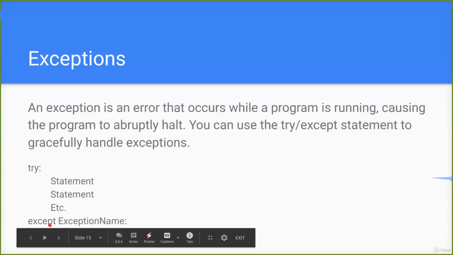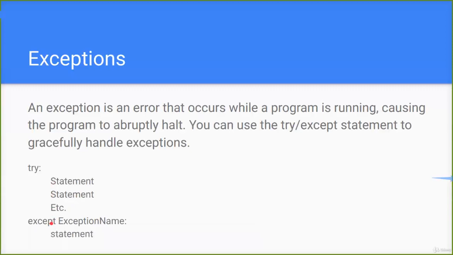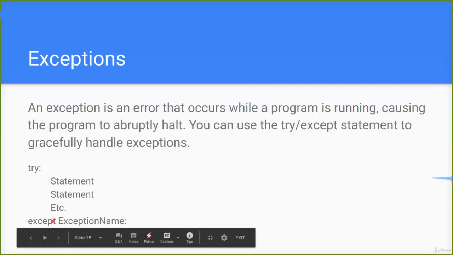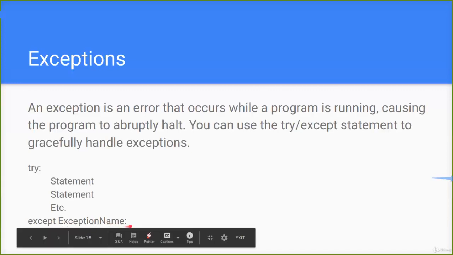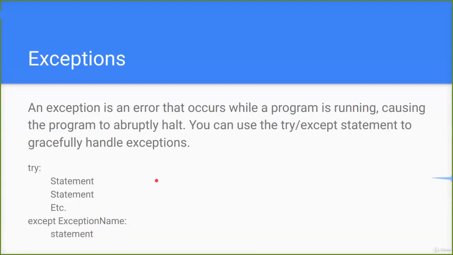And then at the last you can simply add an except statement. EXCEPT, remember the word except, and then the exception name that might occur, and then finally give the statement so that it will continue to execute.